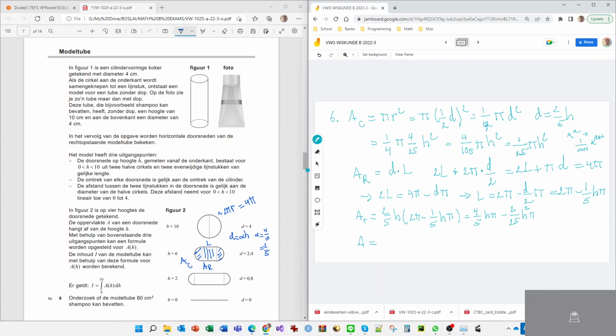So this is 1/25 minus 2/25, so you get minus 1/25 h squared pi, plus this 4/5 h pi, and this you have to integrate between 0 and 10.